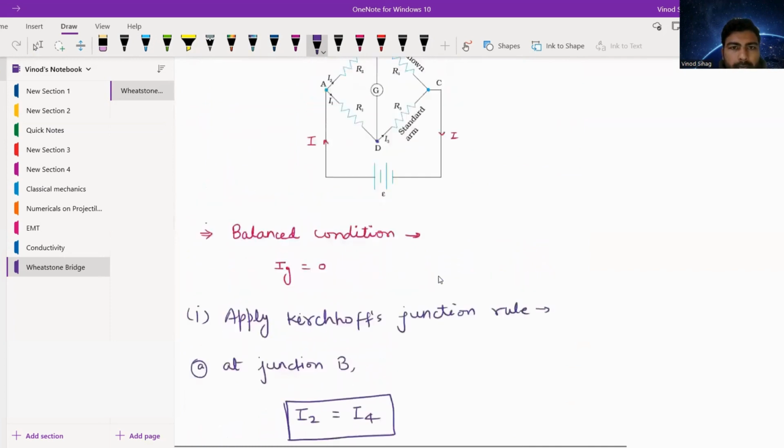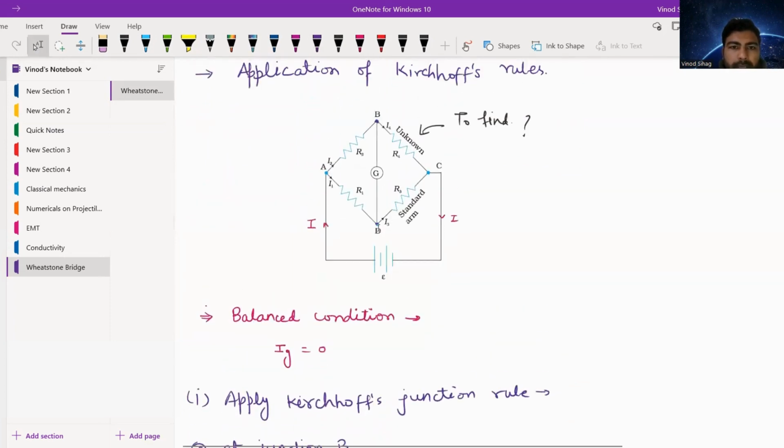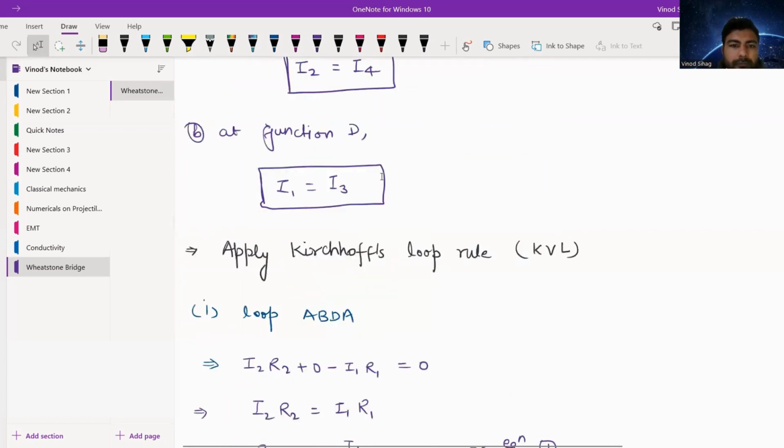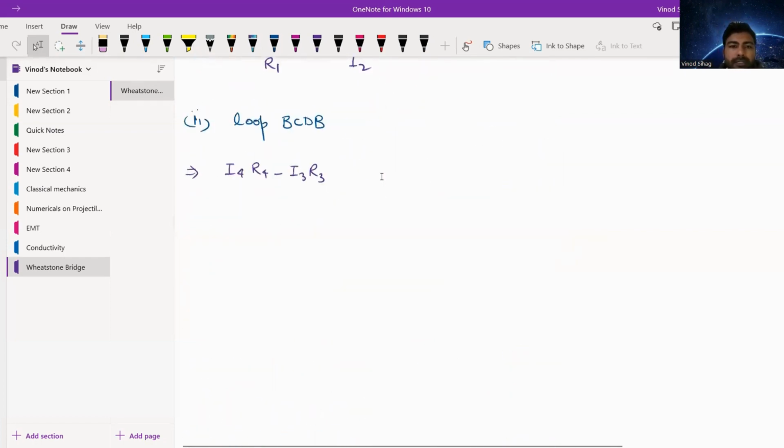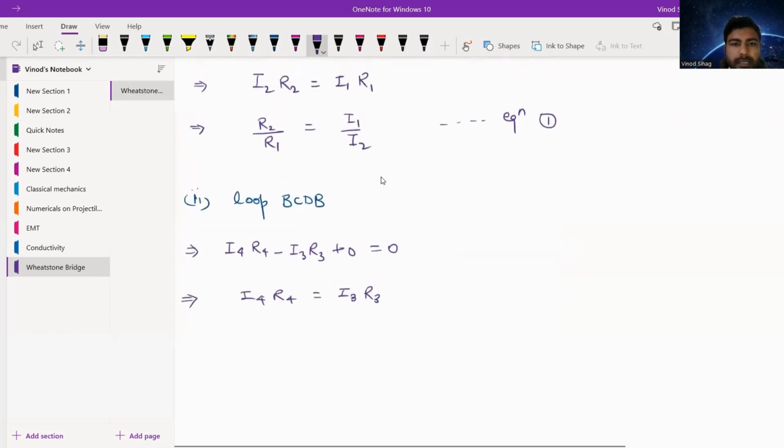And now we are moving in the arm D to B. But as we have taken the balanced condition, the current in the galvanometer will be 0. So plus 0, or minus 0, because we don't know the direction, but it is 0. So now the equation will be I4R4 equals I3R3. This is the equation.